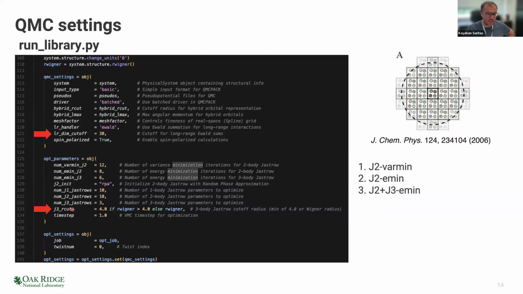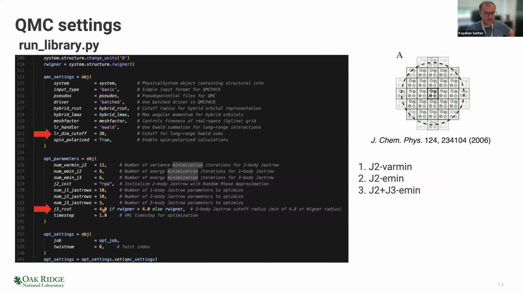The J3 cutoff is, I think, a typical way to define this. It was also mentioned in one of the papers published by Neil Drummond, and a typical practice, at least for some people in the field, is to use a J3 cutoff that could be on the order of an interatomic separation in your system. The units here are in Bohrs.